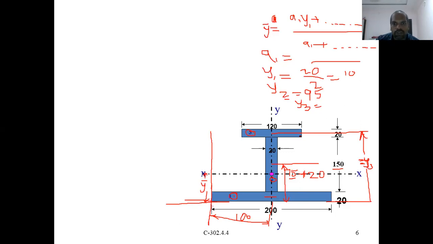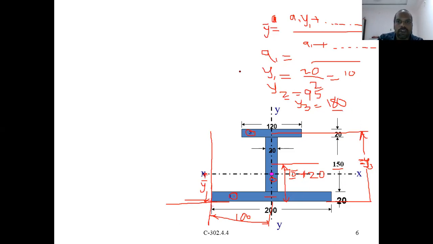And here to here it is 150 plus 20. 20 by 2 means 10. 10 plus 150, 160. 160 plus 20, 180. So it is nothing but 180 mm. Right? Y3 is equal to 180 mm.